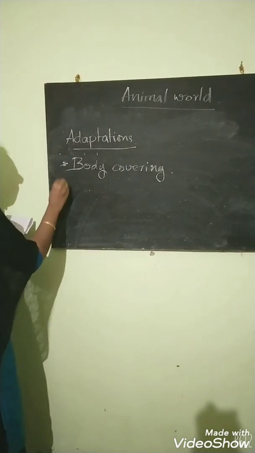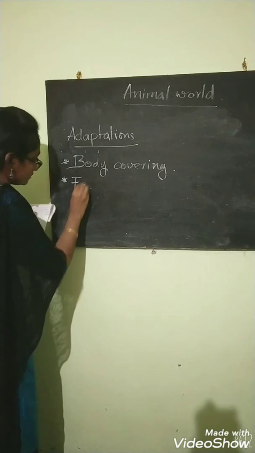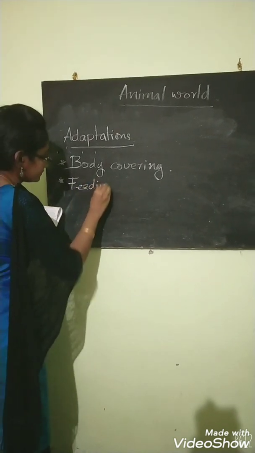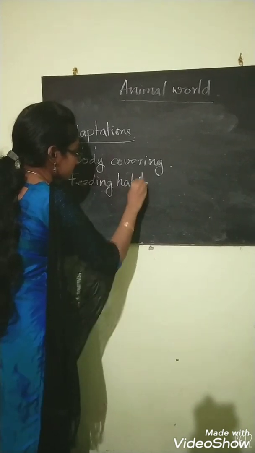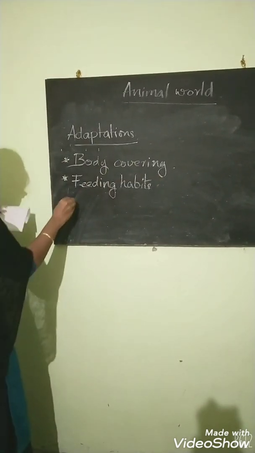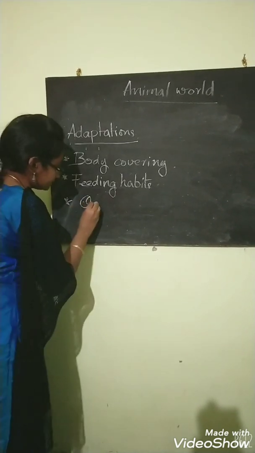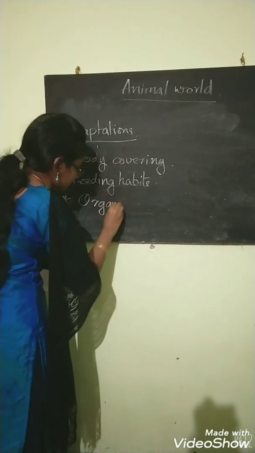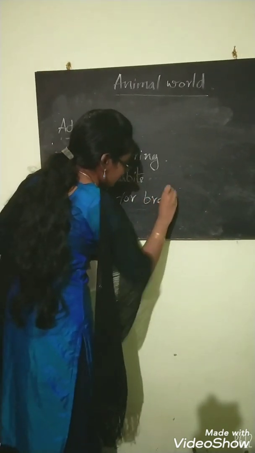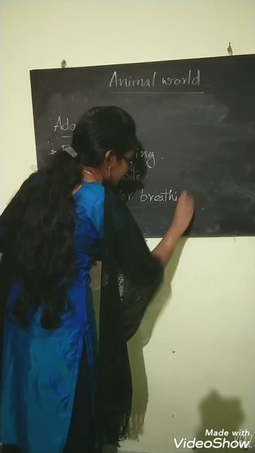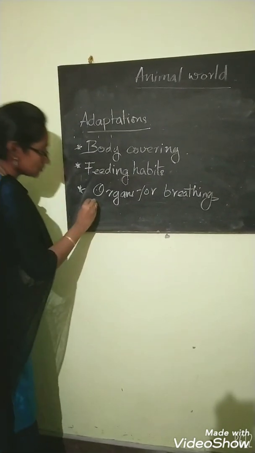The next one is feeding habits. Next is organs for breathing, and the fourth one is movement.